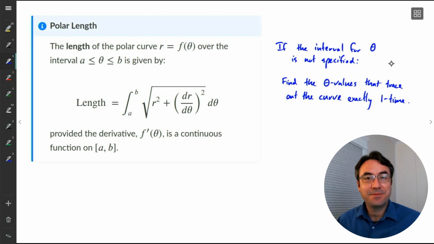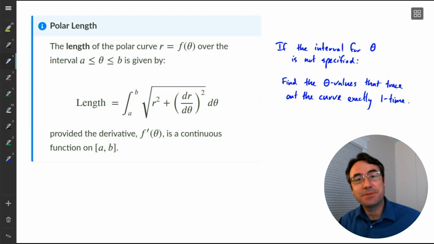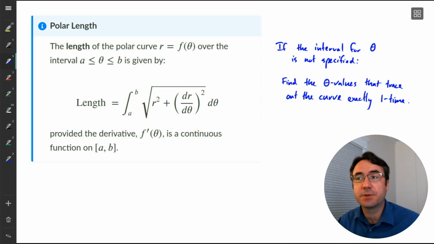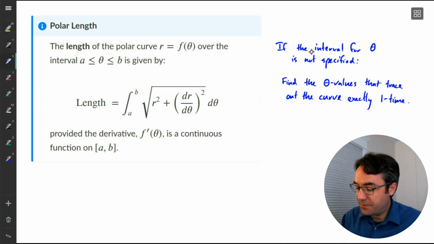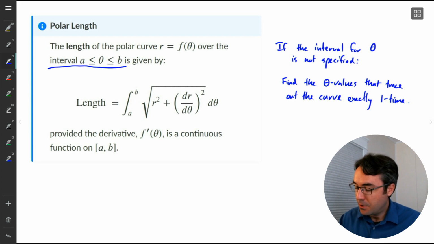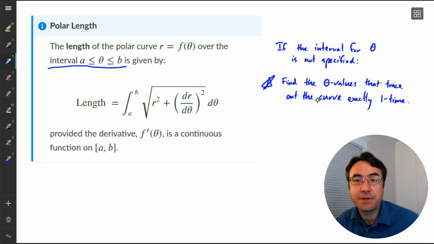So we know polar coordinates tend to repeat themselves. So polar curves, once you get far enough around, generally, not always, but usually, start repeating over themselves. So you start tracing over the same curve multiple times. So if this interval for theta is not specified, then we need to find the theta values that trace out the curve exactly one time.